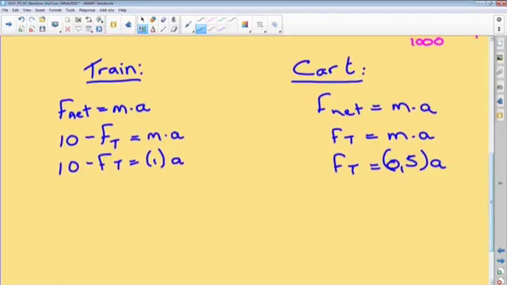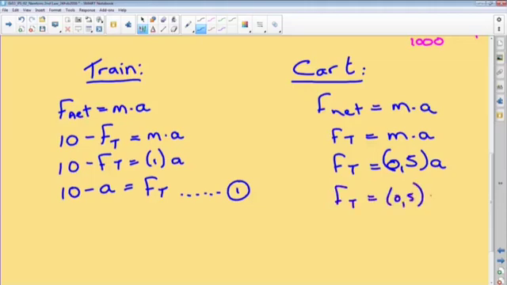So I'm going to tidy up a little bit, and I'm going to give these numbers. So let me tidy up like this. I'm going to make tension, or force tension, the subject of our equation here. So that means I'm going to need to move things around a little bit and make this equation 1, and this one can stay as it is.